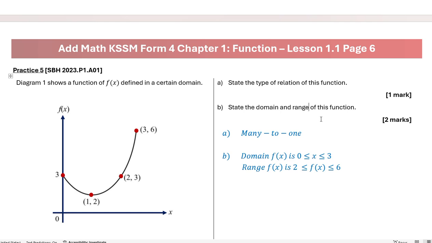There are 4 types of relation and how to represent relation. And then we discuss function, whereby only 2 types of relation can be considered as function. They are one-to-one or many-to-one. And then we learn how to write domain and range for both continuous and discontinuous function.